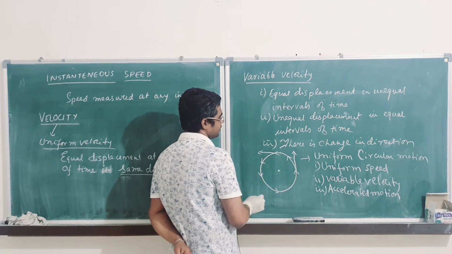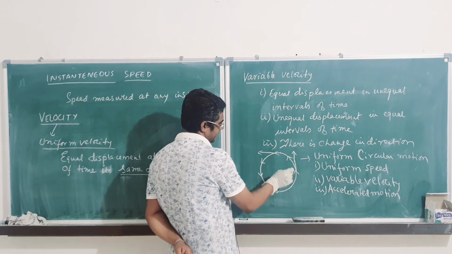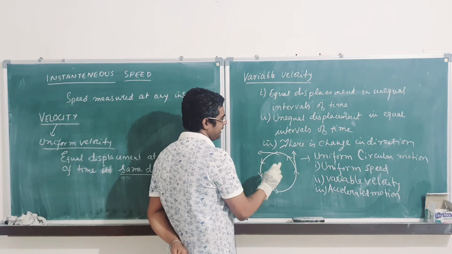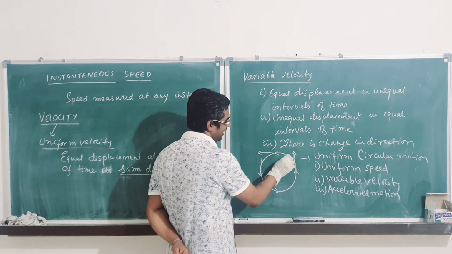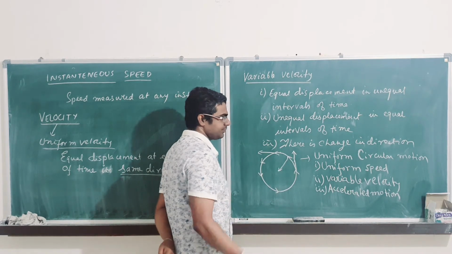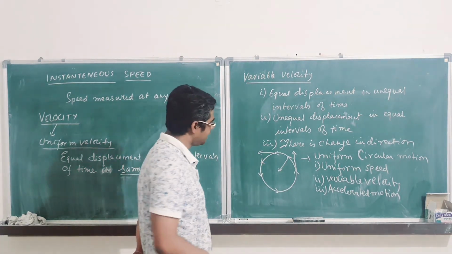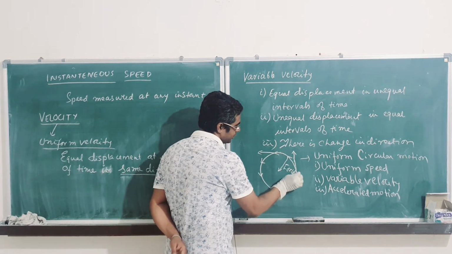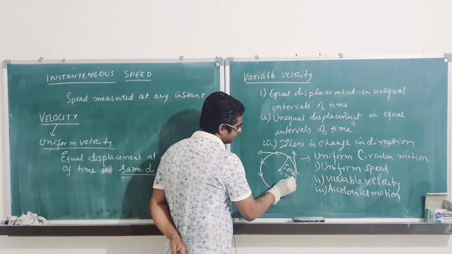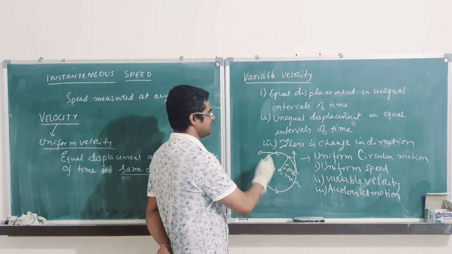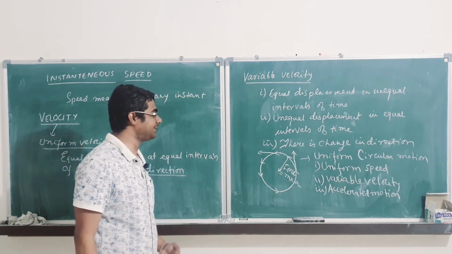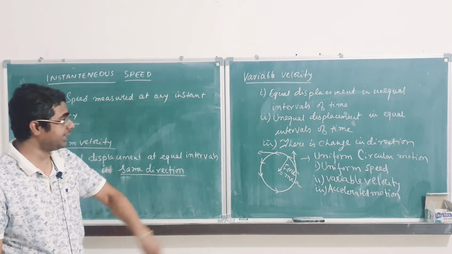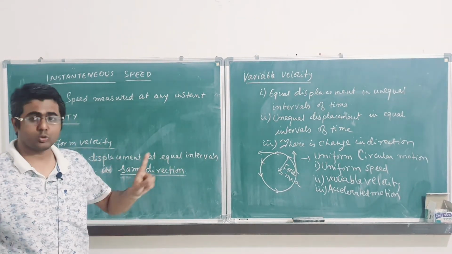It was traveling this side, now it is traveling this side. That means something is pulling it towards the center. This pull is the force, and force is equal to mass into acceleration. So it is an accelerated motion, and acceleration acts towards the center. Please write down, acceleration acts towards the center.